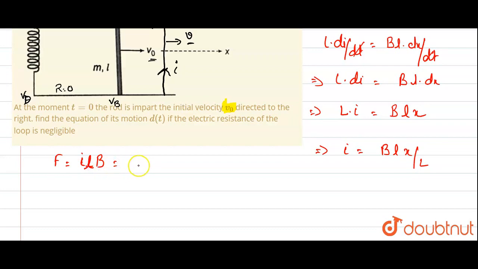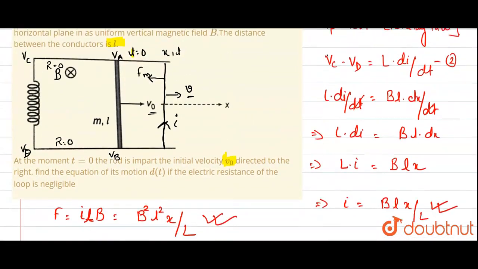Here I put the value of i from this equation, so the result will be B square l square x by L. So now we find out the value of the restoring force.